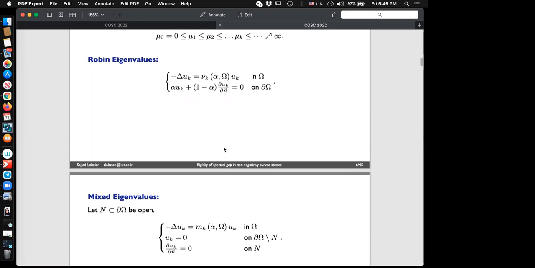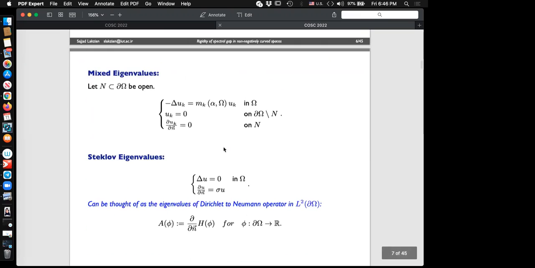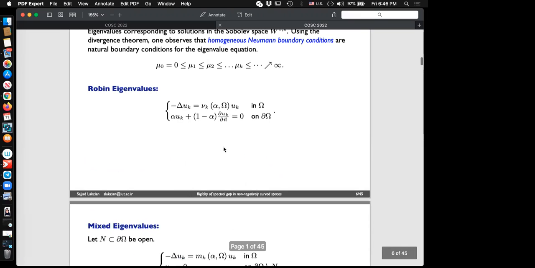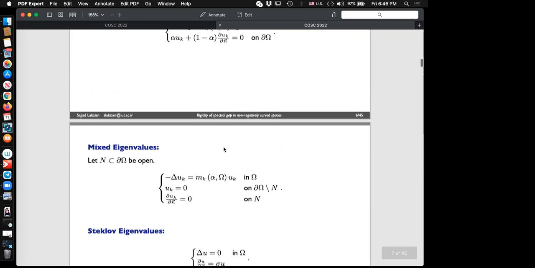We can also tweak the boundary conditions. We can impose a mixture of Dirichlet and Neumann boundary conditions, or a linear combination of those conditions. And this way we can get different kinds of boundary value problems that we can solve. So these are very standard.